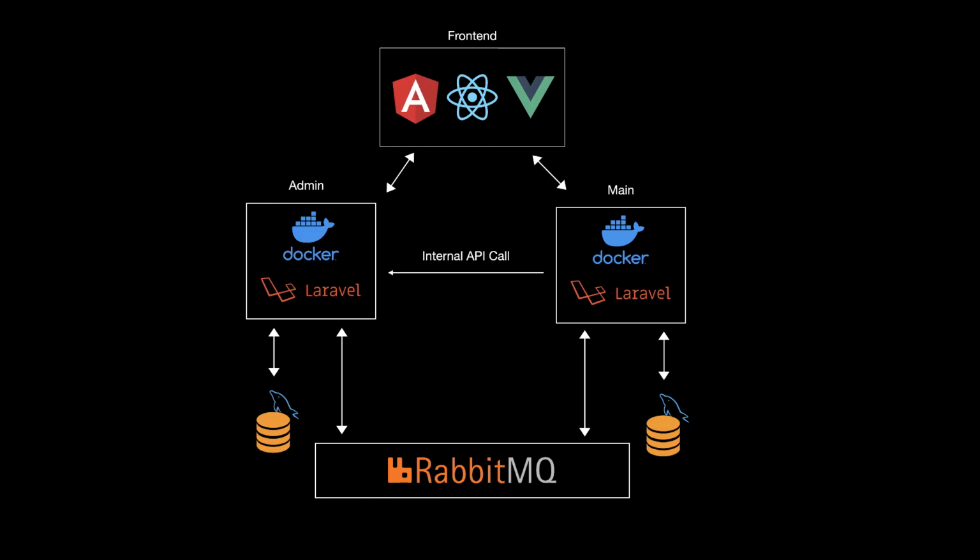They communicate with each other through RabbitMQ events, and in one case the main app will internally call the admin app to retrieve some data. Both Laravel apps will run through Docker, so we will learn some Docker commands along the way too.